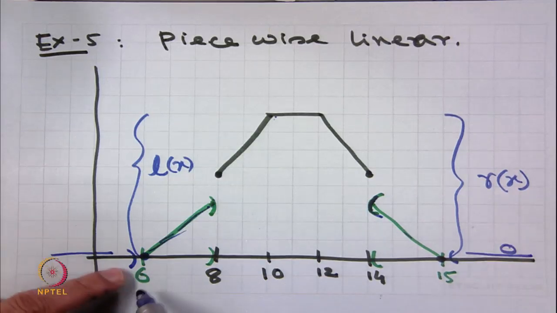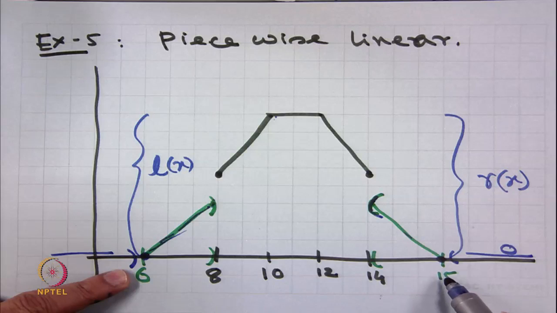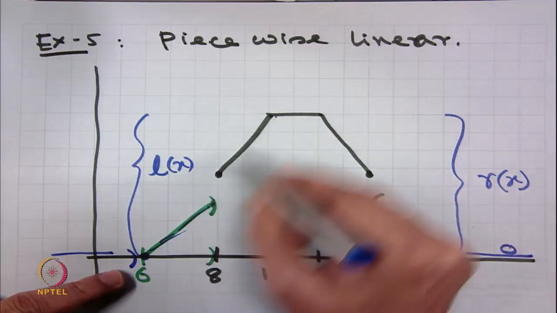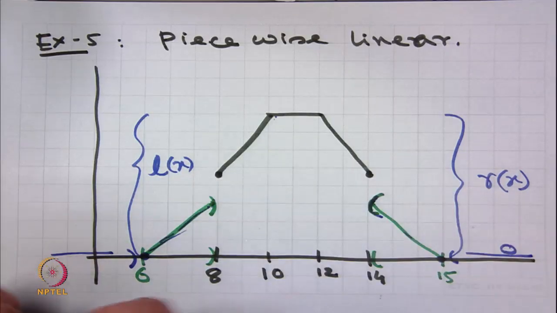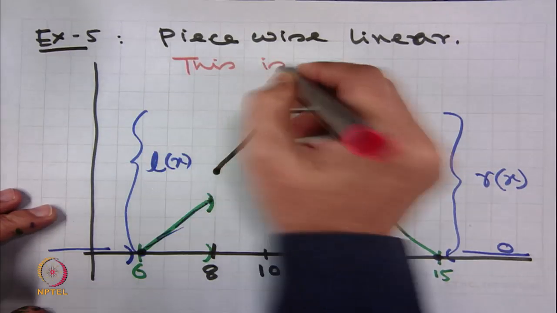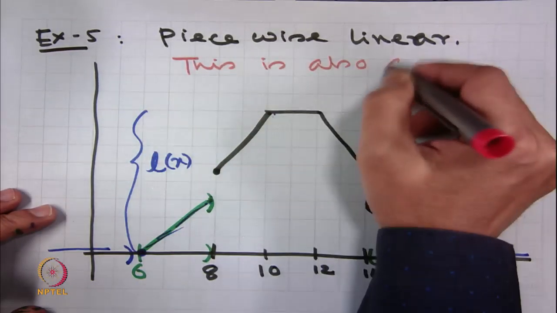Therefore, W1 is equal to 6, W2 is equal to 15. In between, this is not a continuous line, but it is piecewise linear. Therefore, this is also a fuzzy number.